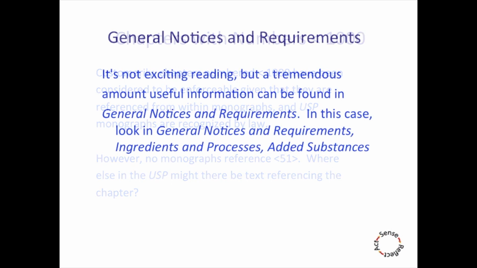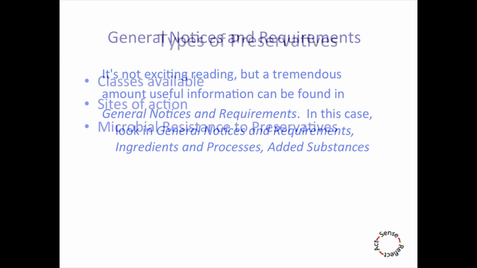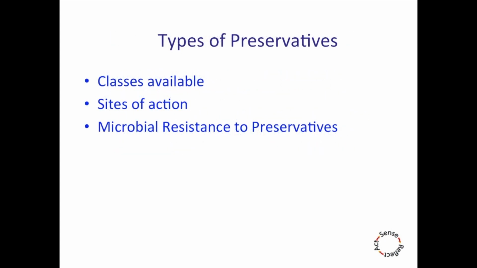Many USP scientific liaisons are introduced to general notices and requirements by their supervisors. It is almost considered to be a rite of passage, but it really does contain a lot of useful information. We will be covering these topics in order.